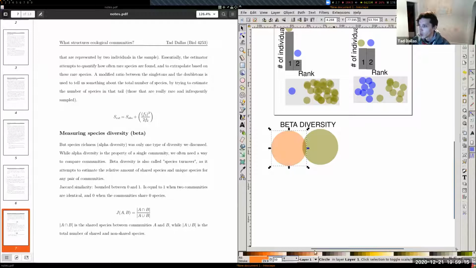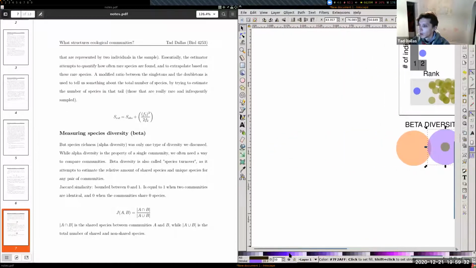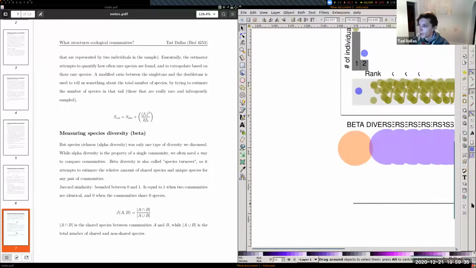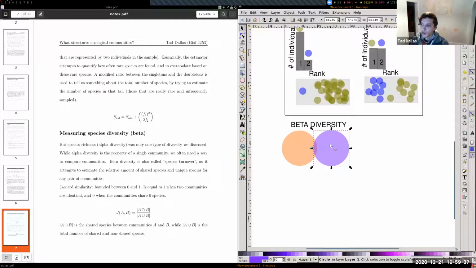Let's make it this orange color. And this one will be, no, we already had a gray. Maybe a nice purple. All right. So these circles now don't represent species, they represent communities.